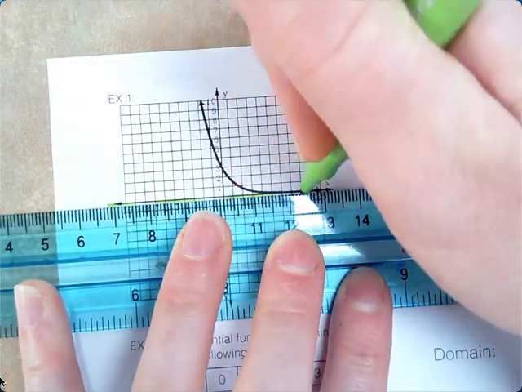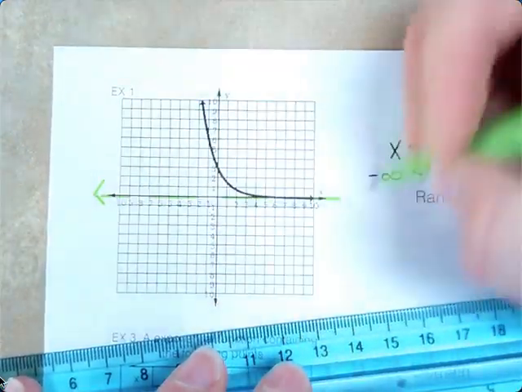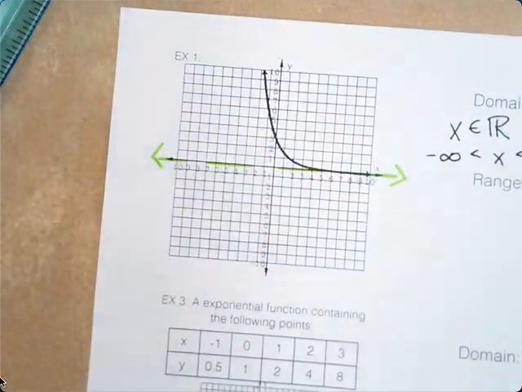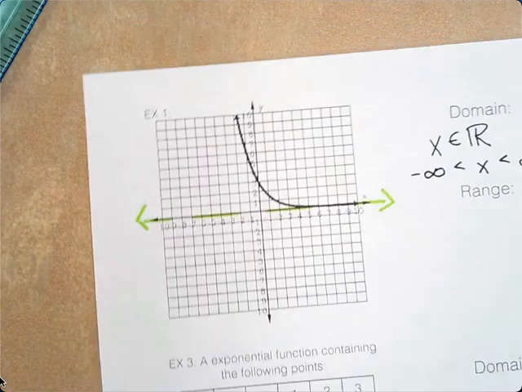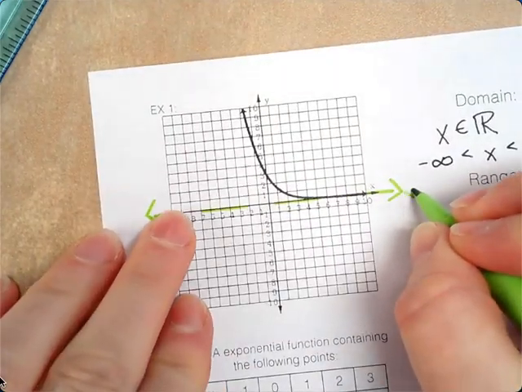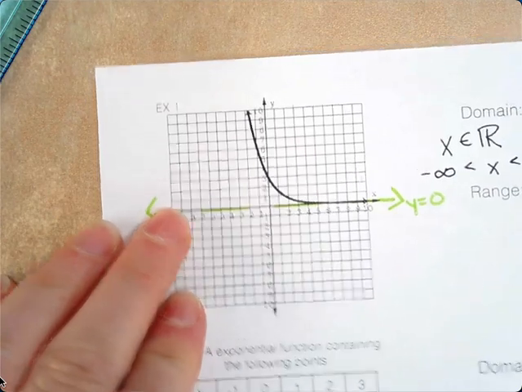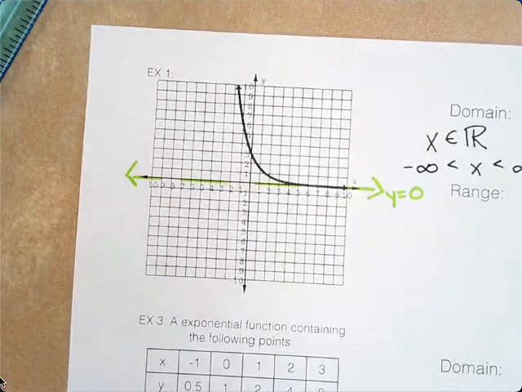So I'm going to do a little dotted line here for my asymptote. My function gets closer and closer to it without actually crossing or touching it. And this equation is written as y equals 0. It's our horizontal asymptote.